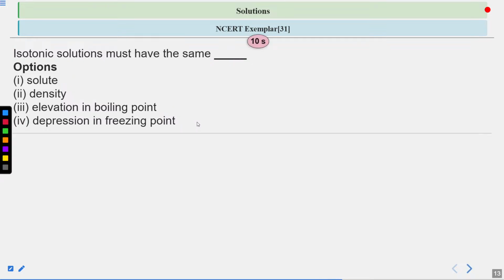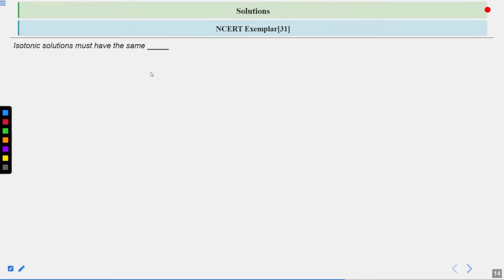So you have some time, go through it, think about it. After that, we will see the correct answer. Okay, let's see. For this given question, the correct answer is options third and fourth, which are elevation in boiling point and depression in freezing point.